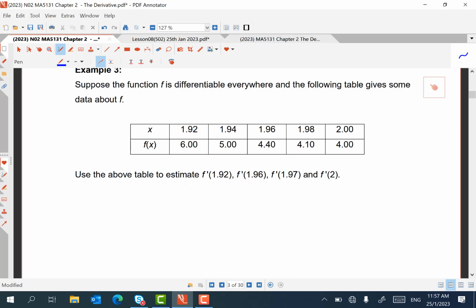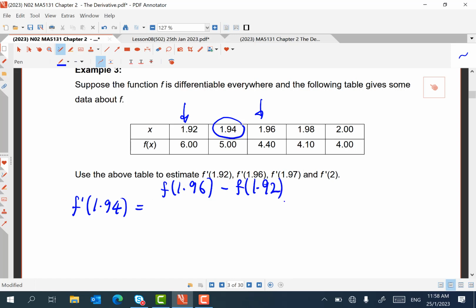For example, to guesstimate the gradient at 1.94, the guideline is to take two nearby points equally on the left and on the right, and use these two nearby points to guesstimate, by finding the gradient of the two points on the left and on the right of the point in question.